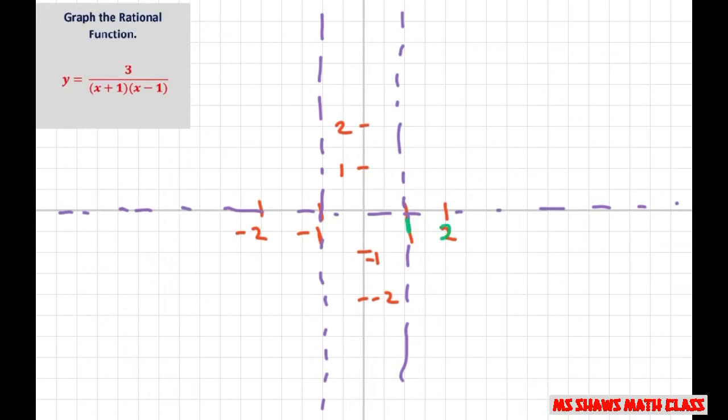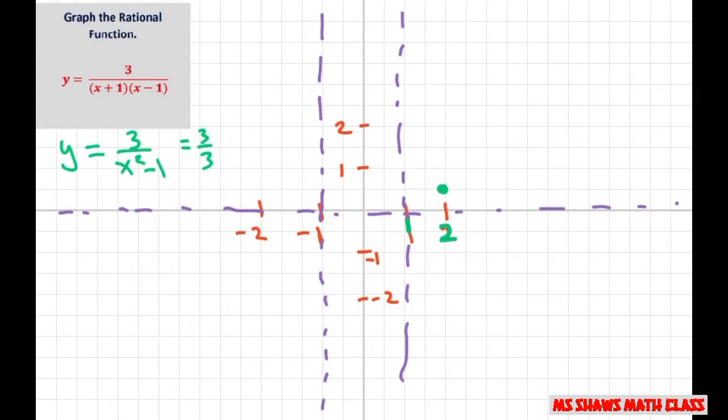I'm going to plug in 2 and see what's going on. If I plug in 2, I get 3 divided by 2 squared minus 1, which is 3 divided by 3, which is 1.